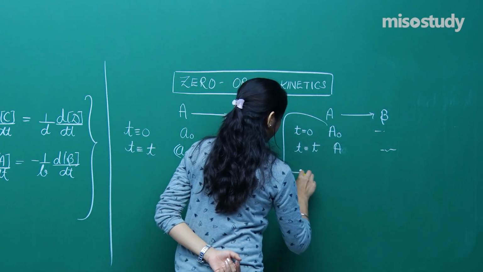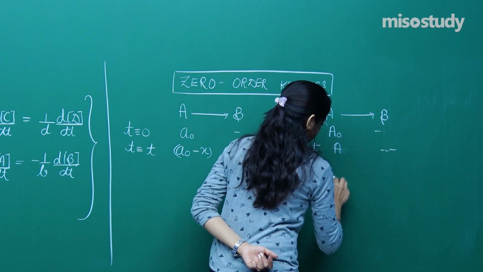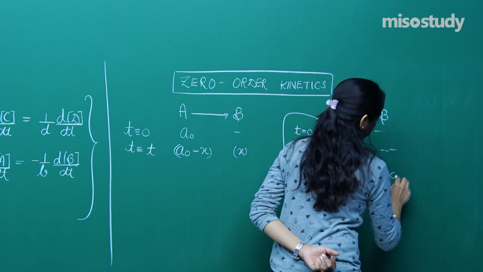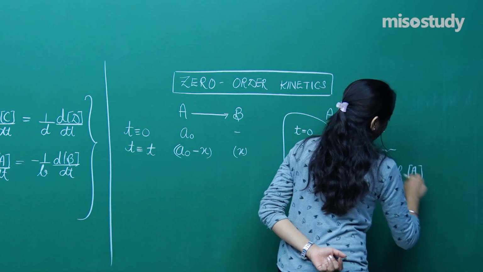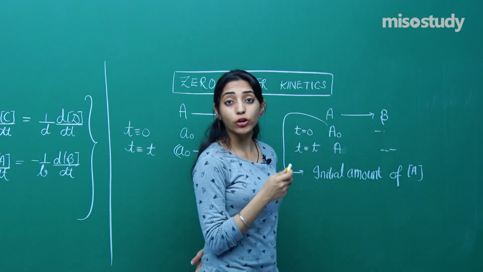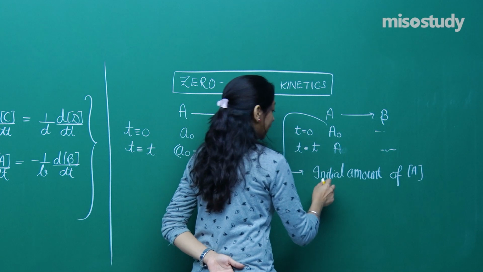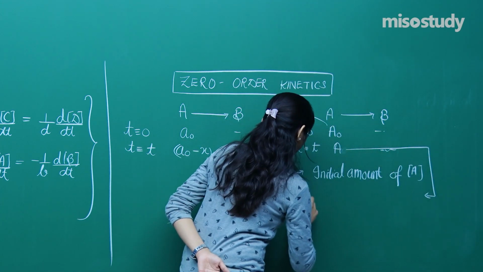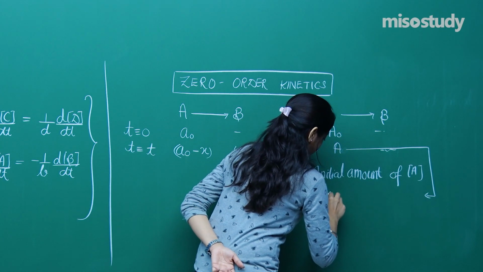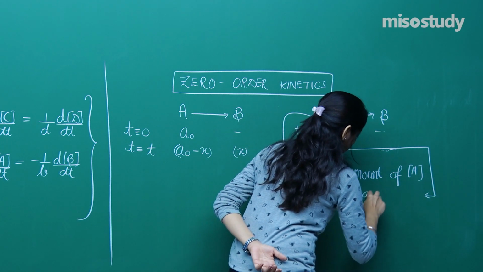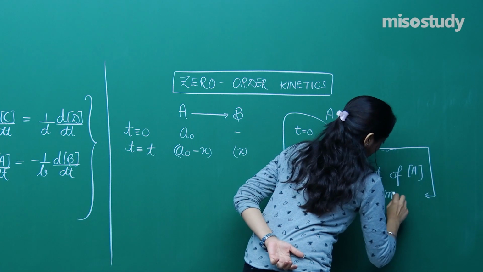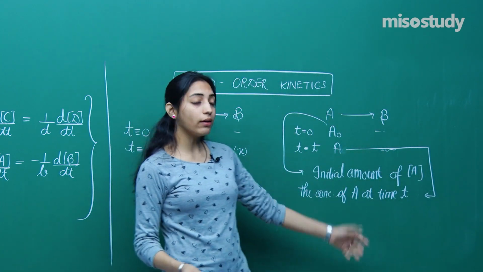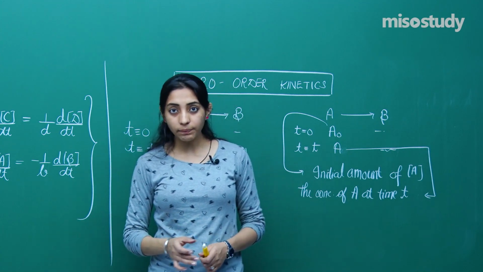So this A naught is the initial amount of A, or initial concentration of reactant, and A is the concentration of A at time t. At any particular time t, what will be the concentration of A? It will be A only. Clear?